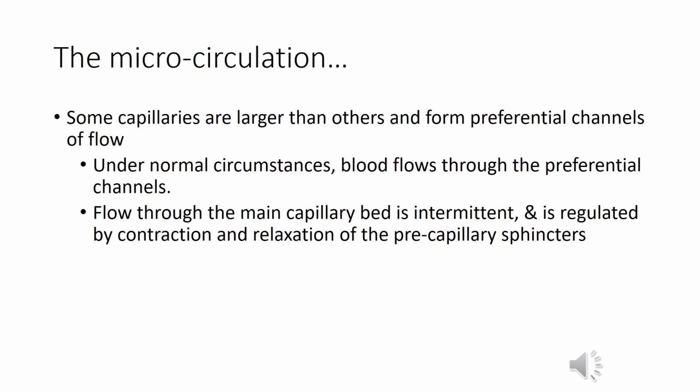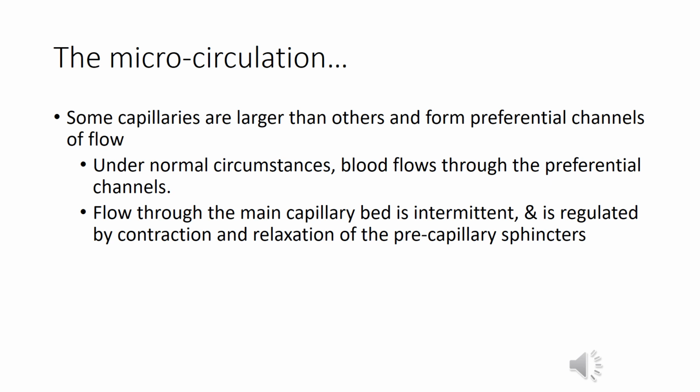So, how does the flow happen? At the capillary bed, some capillaries are larger than others. That means we have large capillaries and comparatively smaller capillaries. Under normal circumstances, blood will usually prefer to flow through the larger capillaries. But when there is increased physiologic demand, then even the amount of blood through the preferential channels, which are the bigger capillaries, will increase.